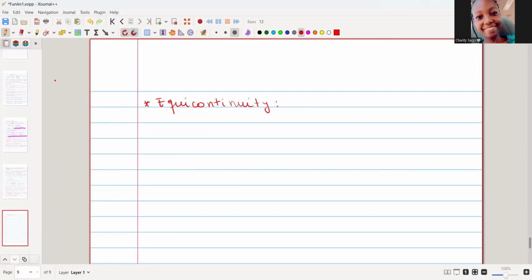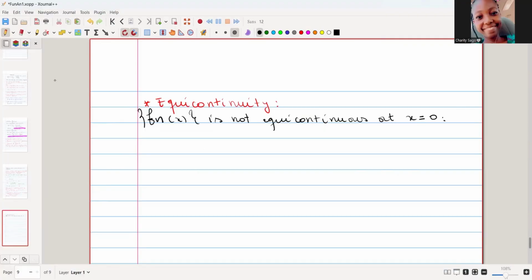So we are going to check if the sequence f_n is equicontinuous. What we can see is that the sequence of functions f_n is not equicontinuous at x equal to 0.